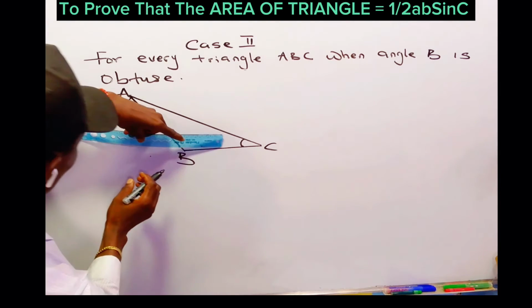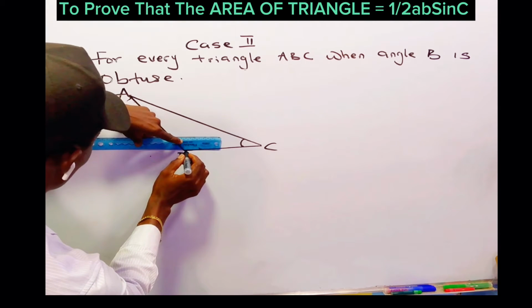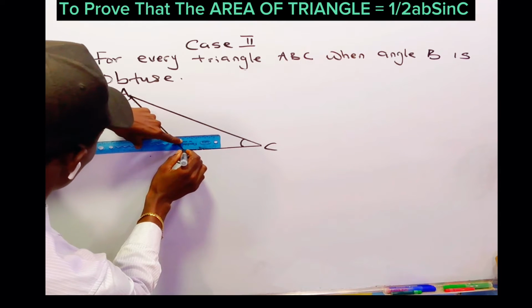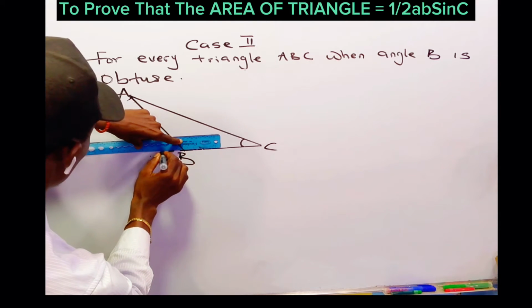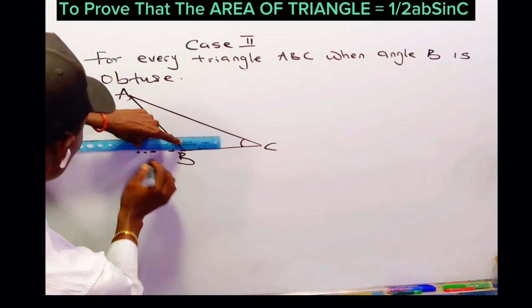Therefore, let's form a right angle triangle for triangle ABC.